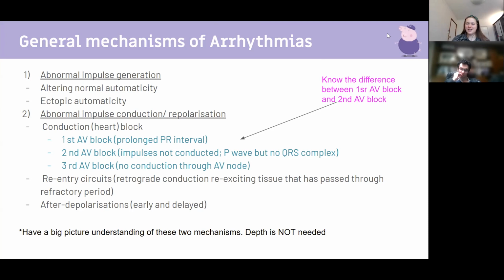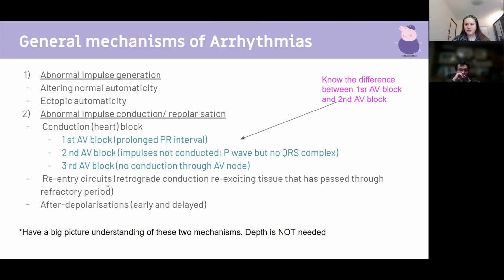For first degree on an ECG, you have a prolonged PR. For second degree AV block, you have a P wave, but you don't have a QRS complex. So just know those.